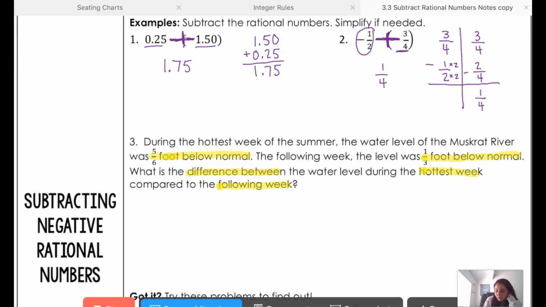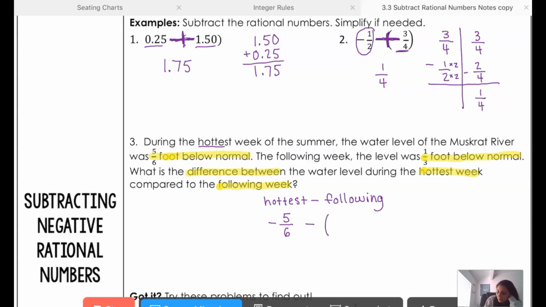So since it asks us for the difference, we're going to go in the order they told us. So the hottest week minus the following week. During the hottest week, it said 5/6 foot below normal, and that was below normal, so that's a negative, minus the following week, which was 1/3 foot below normal.